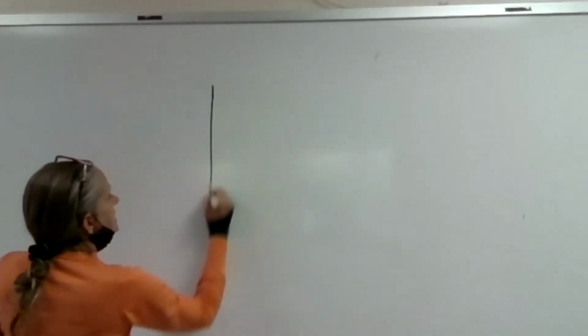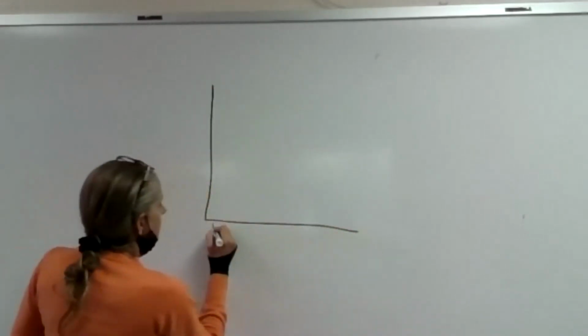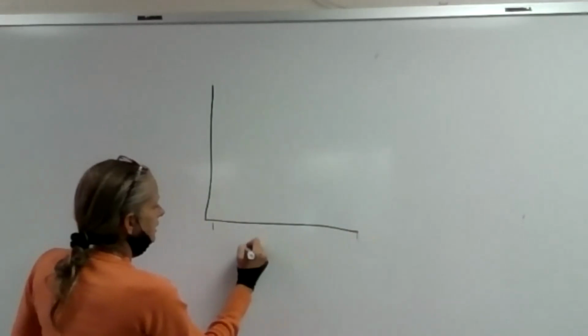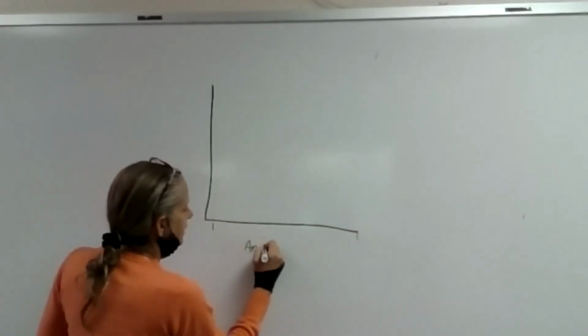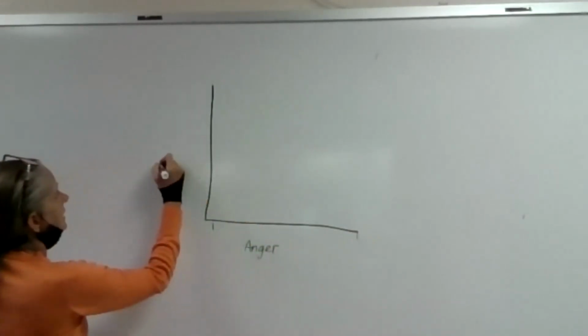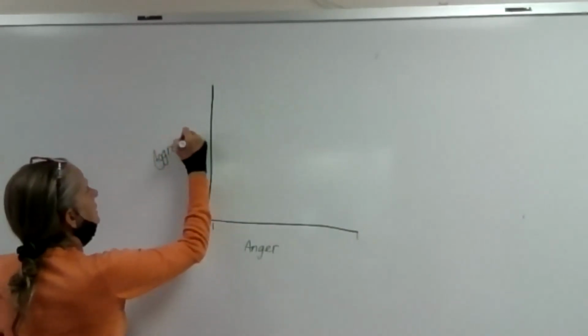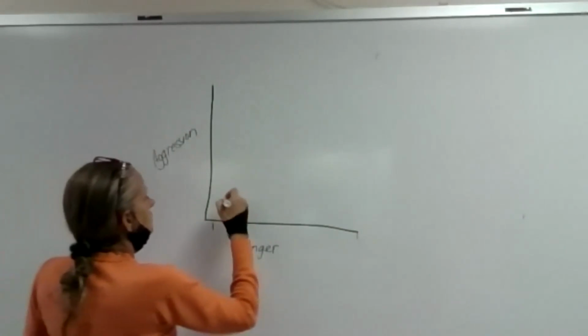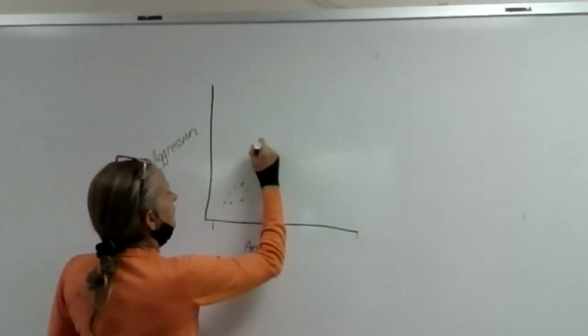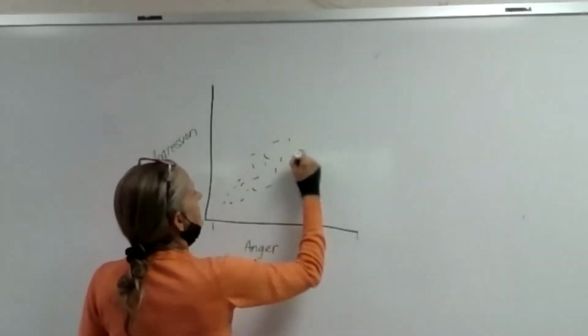So we're talking about the scatter plot. We had a 1 to 10 measure of anger, tendency to anger, and another measure of aggression. We had drawn a scatter plot of points like this.